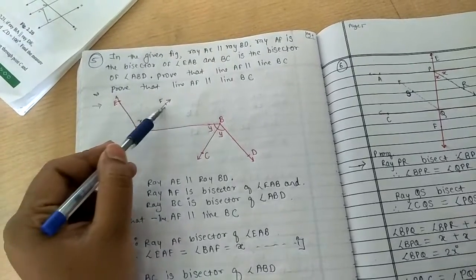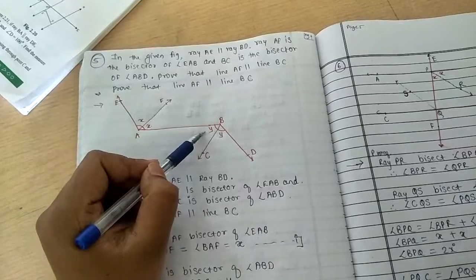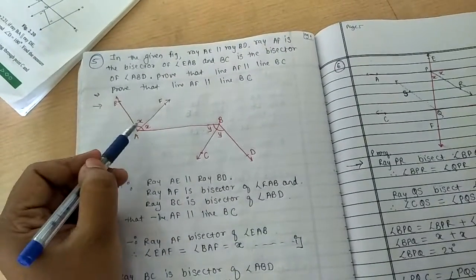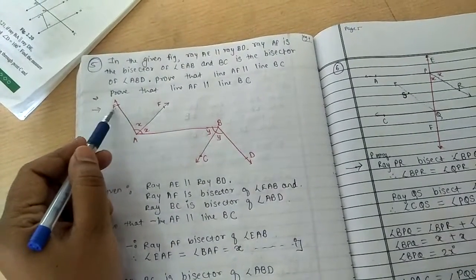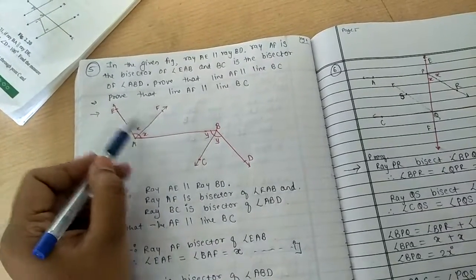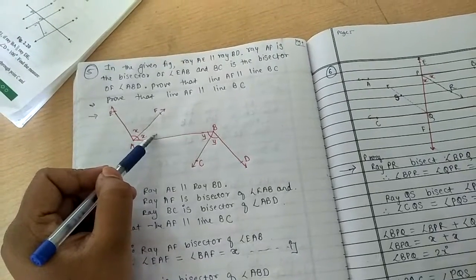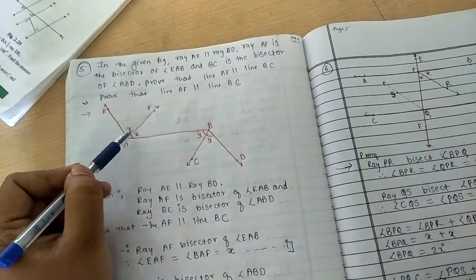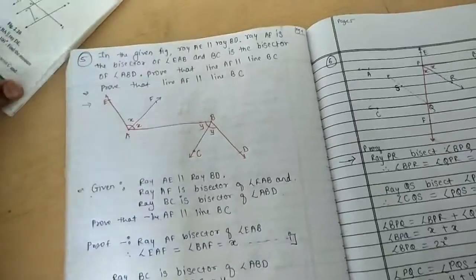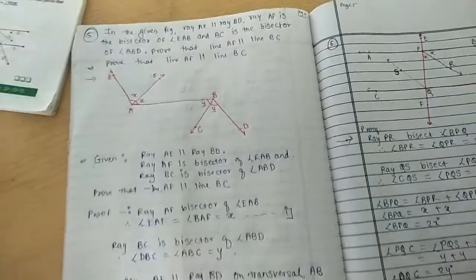Because of ray AF, angle EAB is equally divided into two parts. If the full angle EAB is, suppose, 60 degrees, then this angle is exactly half, 30 degrees, and this one is also 30 degrees. The measurement is not given, so I gave x degrees here. It is already given in your question only.